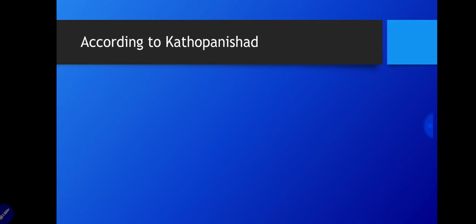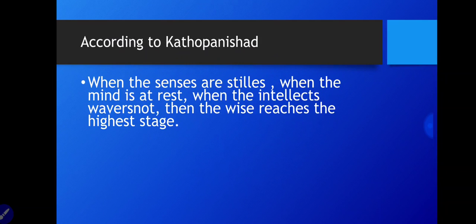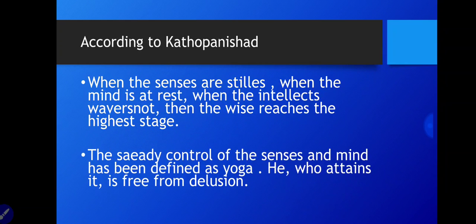According to the Kathopanishad, when the senses are stilled, when the mind is at rest, when the intellect wavers not, when the wise reaches the highest stage, the steady control of the senses and mind has been defined as yoga. He who attains it is free from delusion.